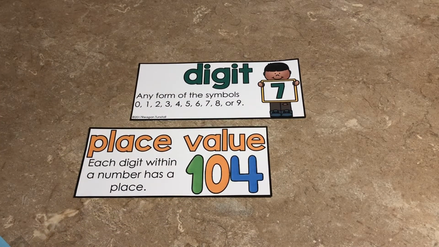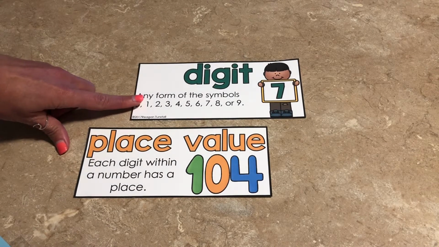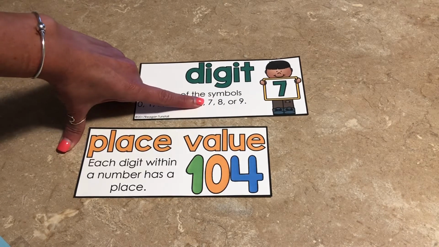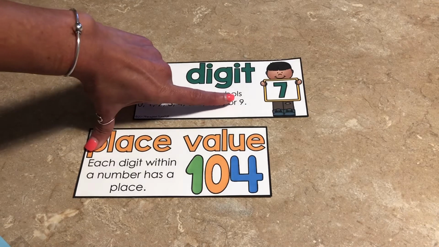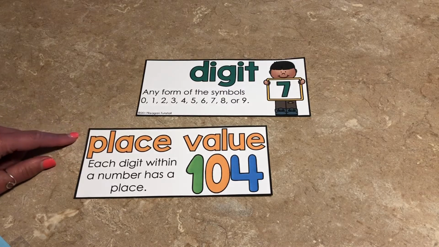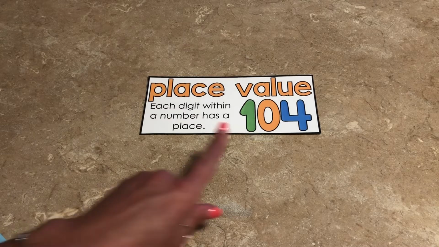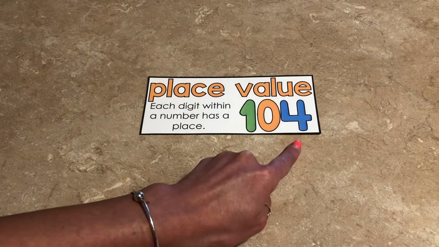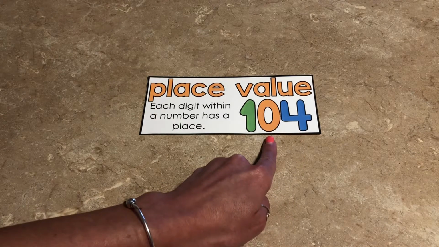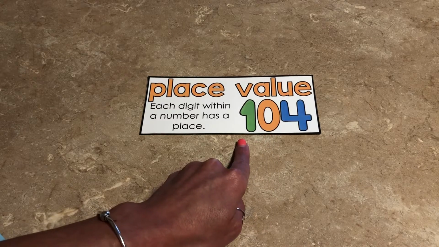So remember, a digit is any form of the symbols 0, 1, 2, 3, 4, 5, 6, 7, 8, or 9. Now these digits sit in what's called a place. For example, if you look at the number 104, the digit 4 is in the ones place, the digit 0 is in the tens place, and the digit 1 is in the hundreds place.